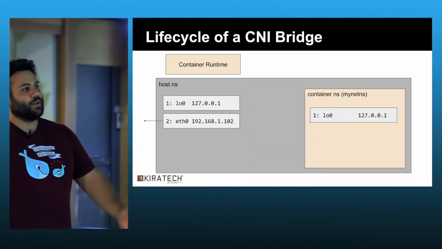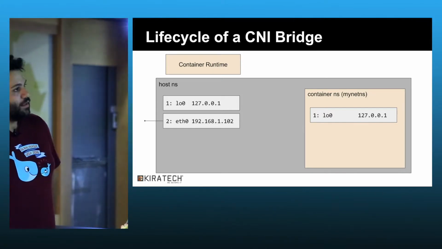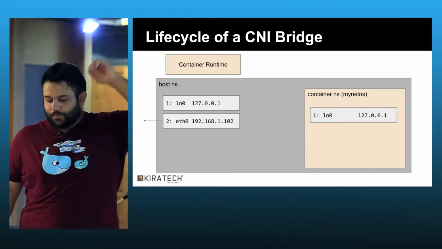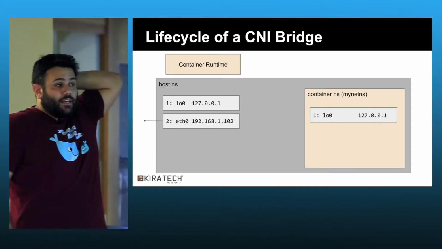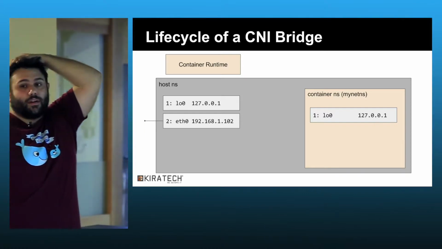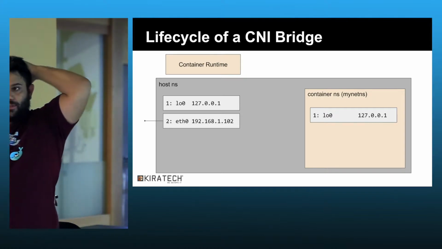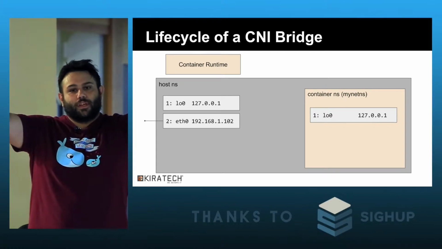And when we created that mynetNS, what happened? The container runtime actually asked for a namespace. It created it. The container runtime creates a namespace. In the actual Kubernetes implementation, what happens is that you ask for a pod.